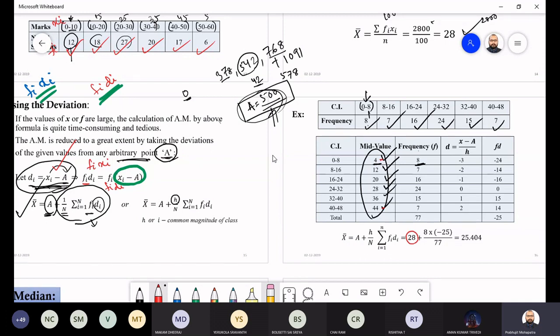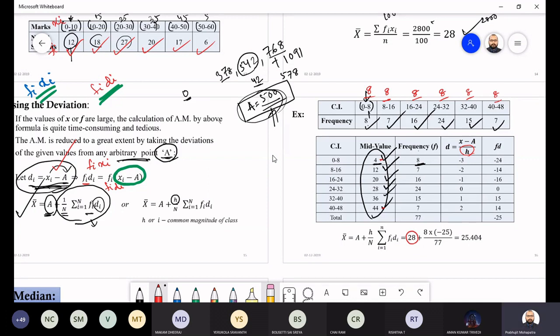Now you can see if I take the arbitrary point 28, then to scale that we need to divide by the class interval h. Here you can see the class intervals are regular, 8 units. So what you have to do? First you have to take the deviation, 4 minus 28.